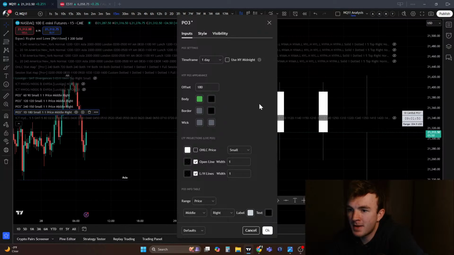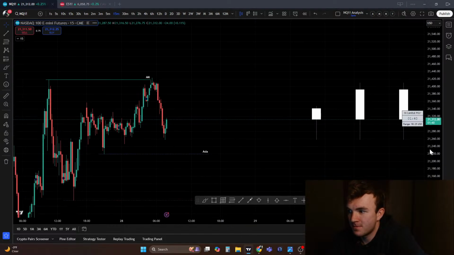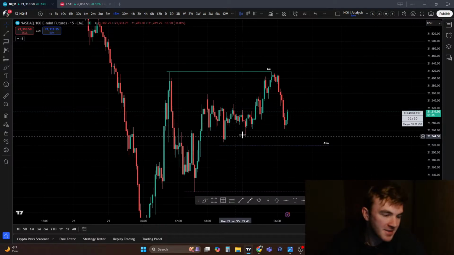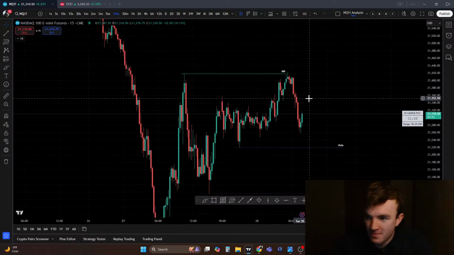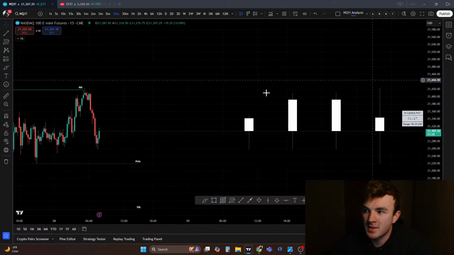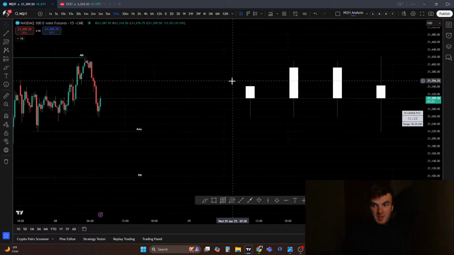Might be dumb, but I'm not gonna switch the colors. It's fine. I understand what this means. They're supposed to be red. So if you guys know a better color, let me know. But right now, I don't. And I'm not gonna have the screen be white and then the candles be black. So I don't know what else to do. I think it's fine.